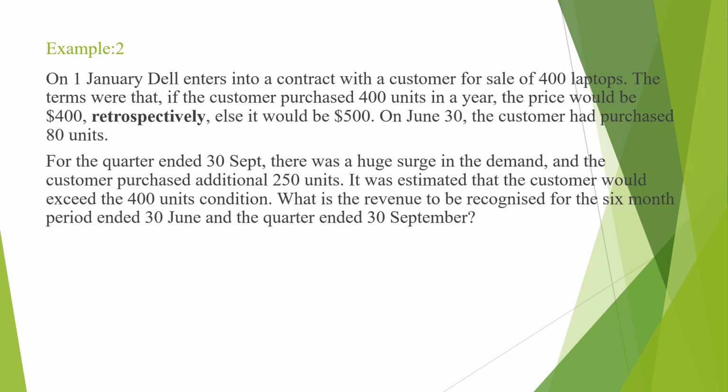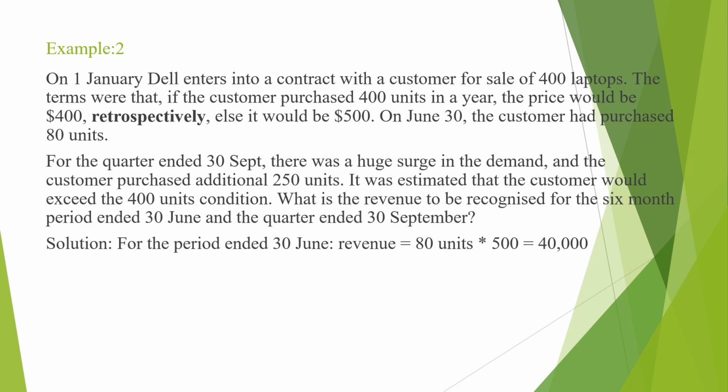If the customer buys 400 units in a year, the pricing would be 400 or else it would be 500. For the first 6 months, he has been able to buy only 80 units, which is not even 50% of the target which was given to him.